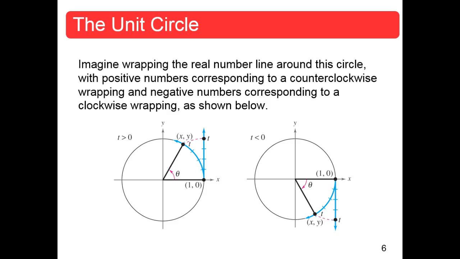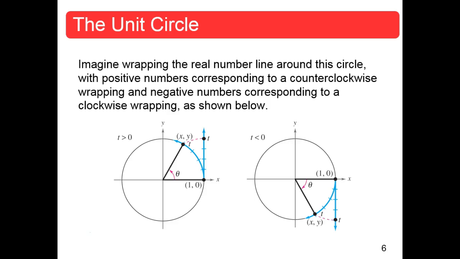Wrapping it around the circle, bending it just enough so it stays on that unit circle. With positive numbers corresponding to counterclockwise wrapping. Okay, I can't even talk, much less wrap. And negative numbers corresponding to clockwise wrapping. If you look down there, those would be negative. T's would be negative down there.